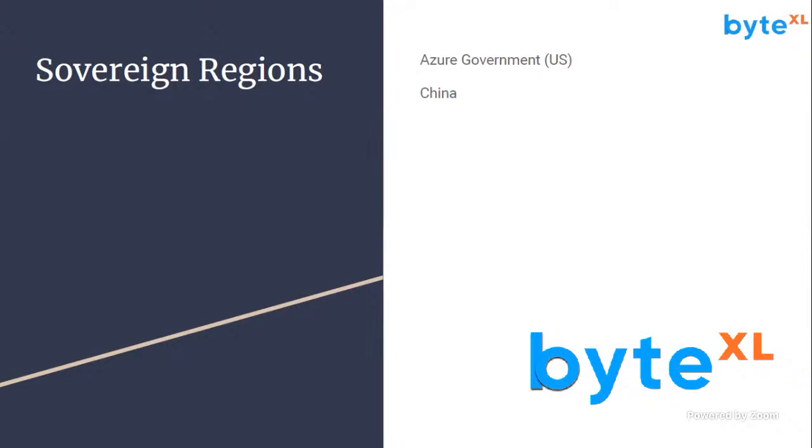It's limited, not for every customer. And China is mainly for businesses that operate in the China region. If you have a business in China, you can go ahead and access it. There are some policies, rules and regulations, and if you match them, then it is easy to access the China region.